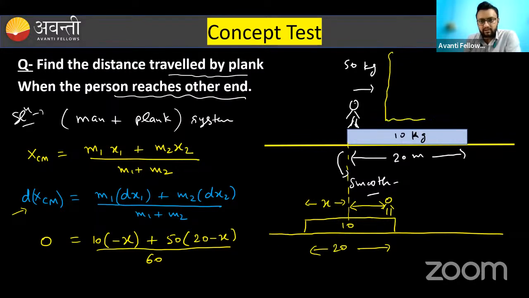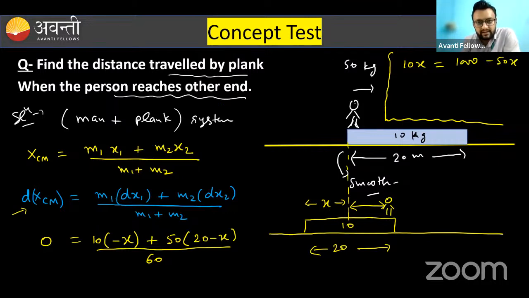If I calculate it here, it will be 10x. I am shifting it here is equal to 50 into 20 minus x, that is 1000 minus 50x.